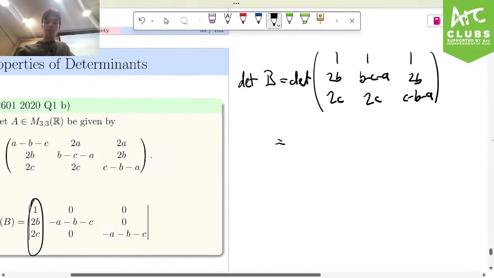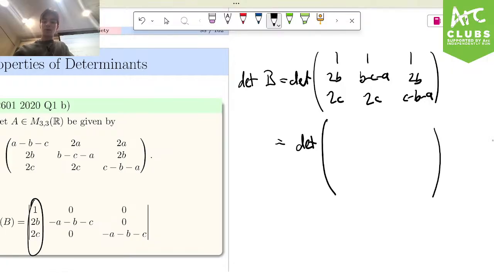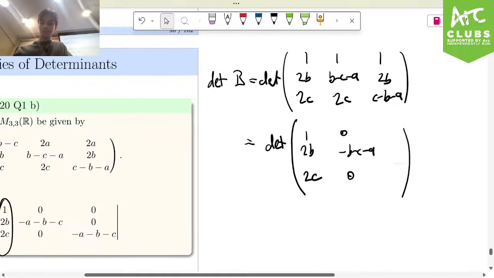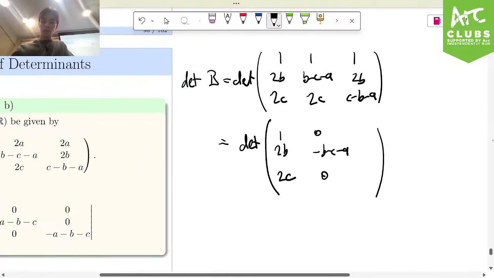So it looks very suspiciously like that first column has been subtracted from everything else. And indeed, if we do that, 1, 2B, 2C, this 1 becomes a 0. This 2B becomes a minus B minus C minus A. This 2C becomes a 0. This 1 becomes a 0.